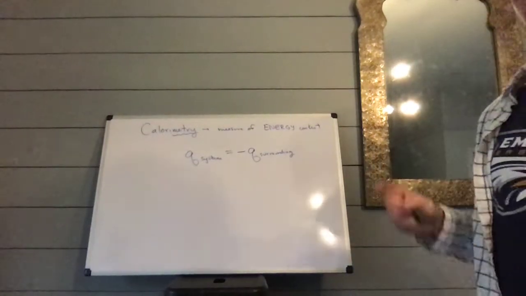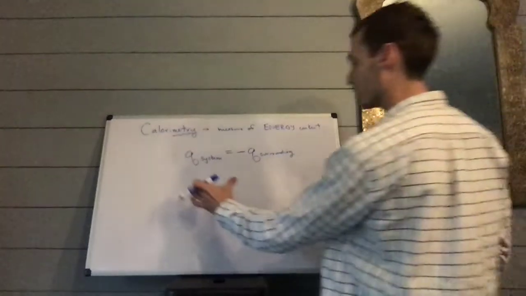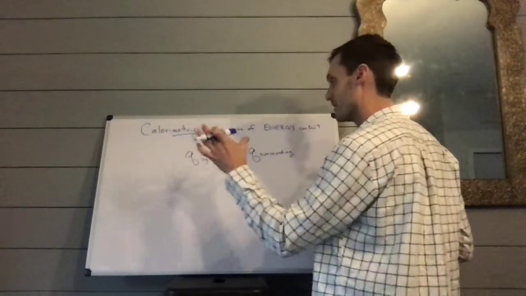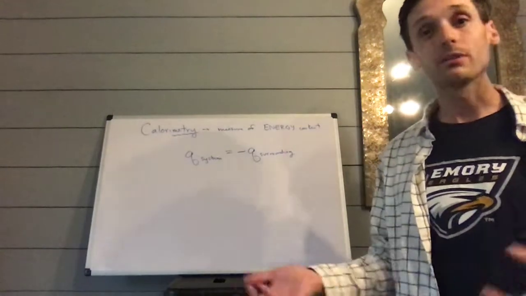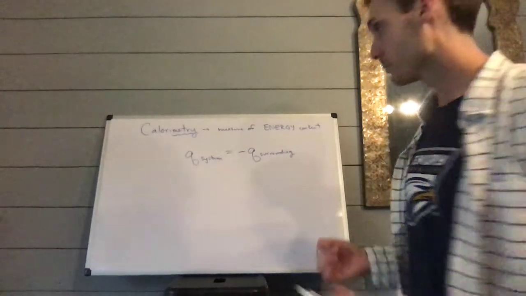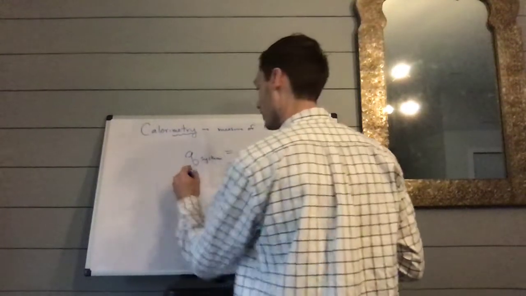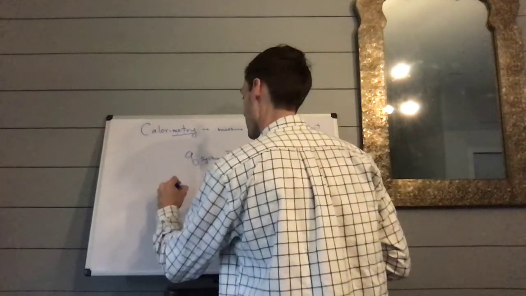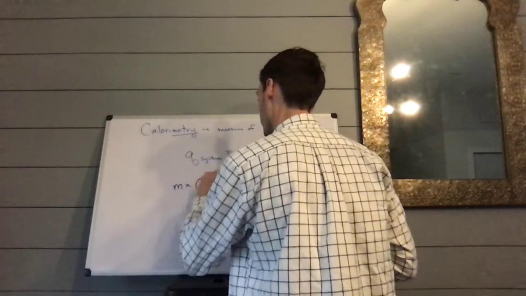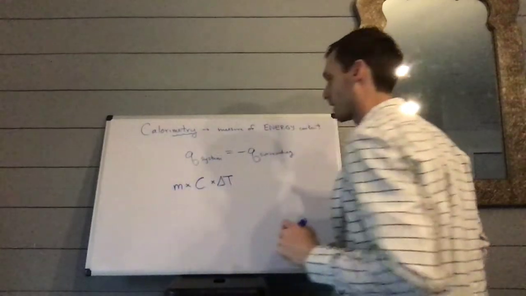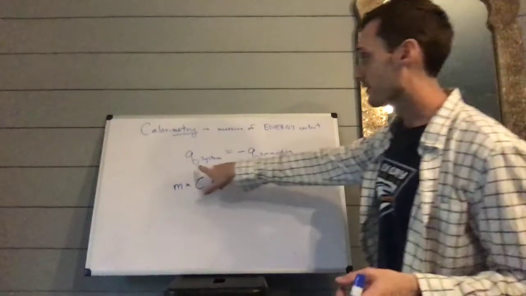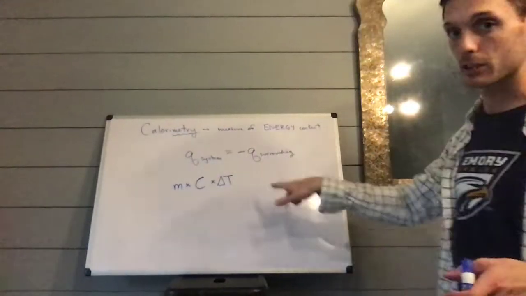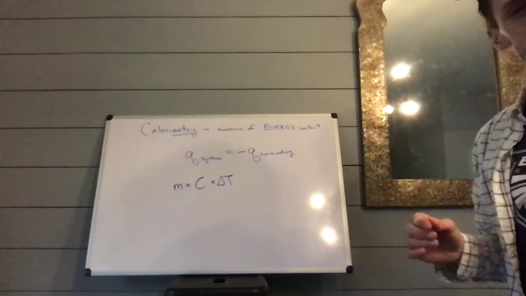Now, if we put Q of the system equals negative Q of the surroundings, we have a way to calculate the Q. We've been using the Q equation as M times C times delta T. But if we're going to apply it to calorimetry, where we have a Q of a system and the Q of the surroundings, we have to be a little more specific.